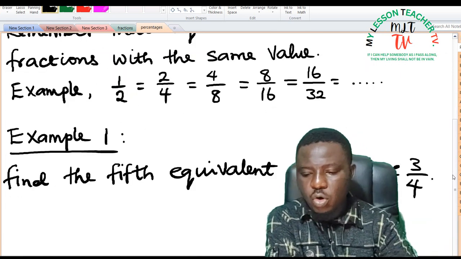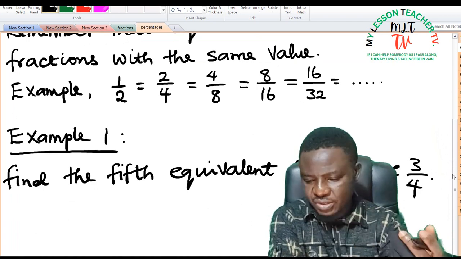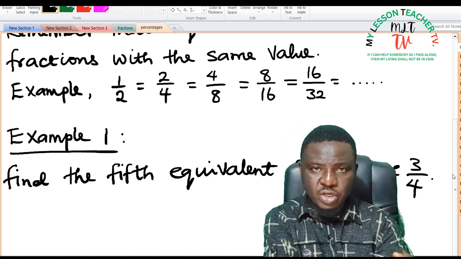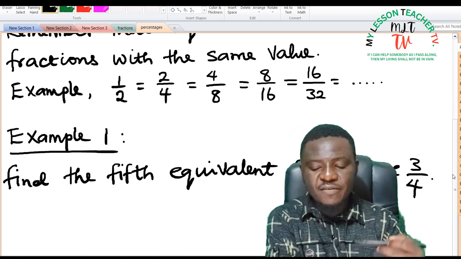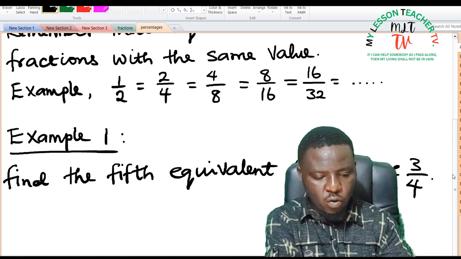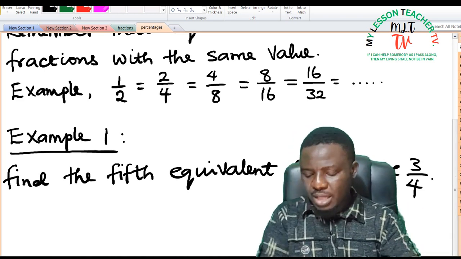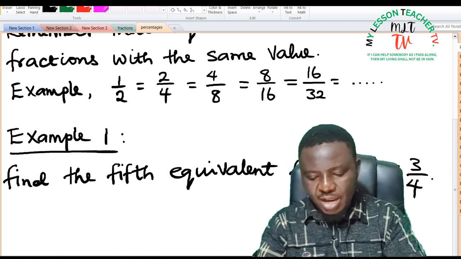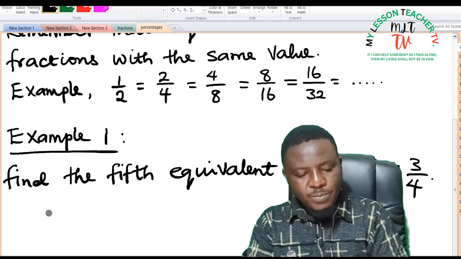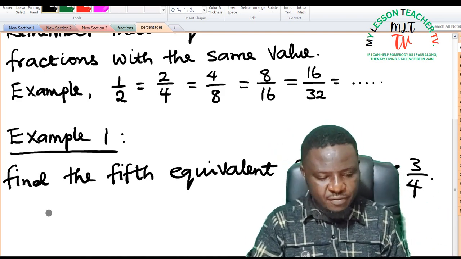I will not say much on fractions because we have done that in our previous classes. So, example 1, this is just a revision. Example 1 says we should find the fifth equivalent fraction of 3 over 4. In that class, I showed you that to get the fifth equivalent fraction, all you need to do is multiply both the numerator and denominator by 5.